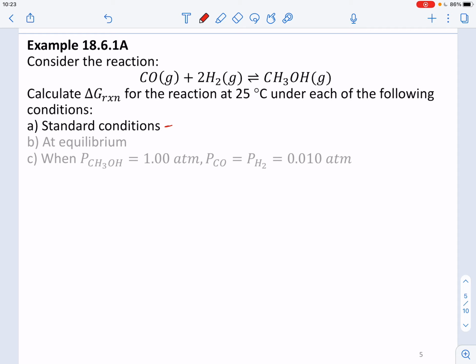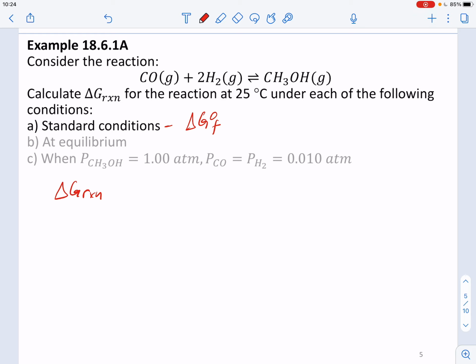And then you might be thinking, okay, this is gonna be difficult, right? Well, no, delta G under standard conditions is exactly the same thing that you've been doing for quite some time now. So delta G of reaction, if you are under standard conditions, you are using delta G standard of formation.